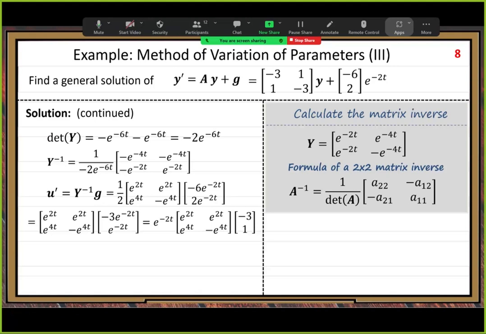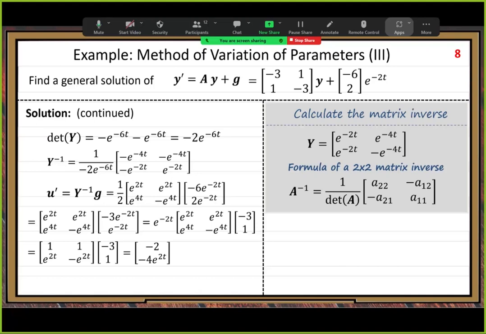A scalar multiplied by a matrix means each entry is multiplied. That is 1, 1, e to the 2t, minus e to the 2t. So before we do the matrix product, we do some simplification first. Then the product is much easier. That's the u prime.